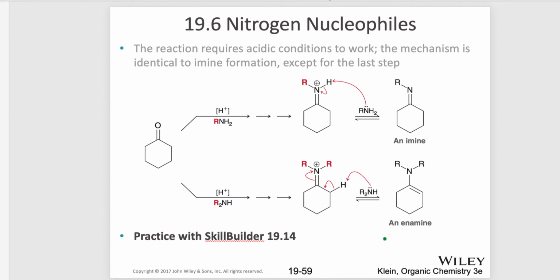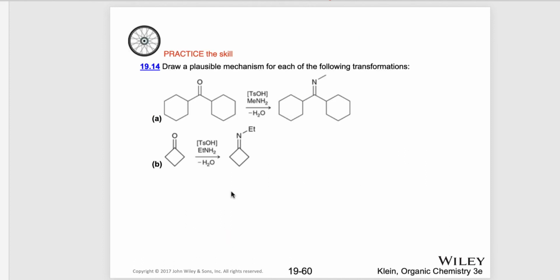And then here, using a secondary amine, we get the enamine. And the square brackets indicate some source of acid. And you can practice this with the Skill Builder portion as well. So practice the skill. What you want to see here, look at this square bracket: TsOH.